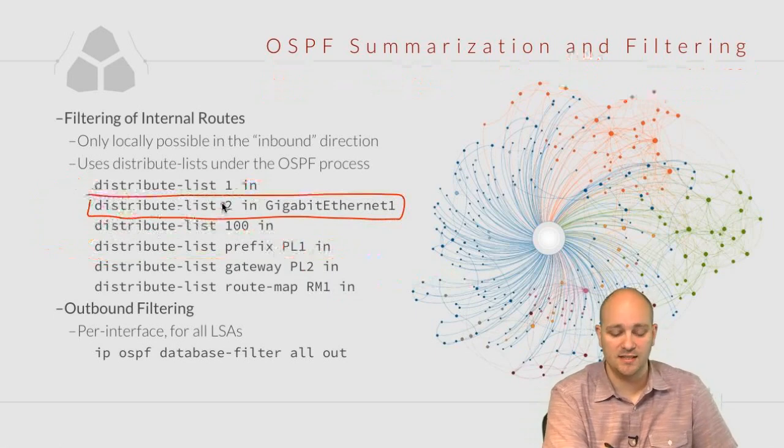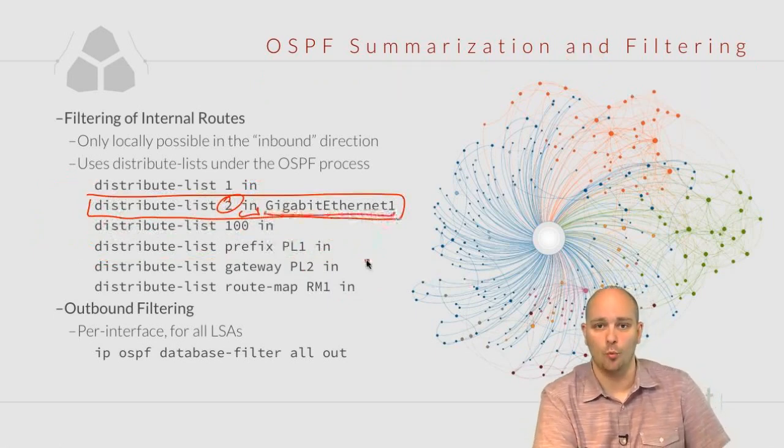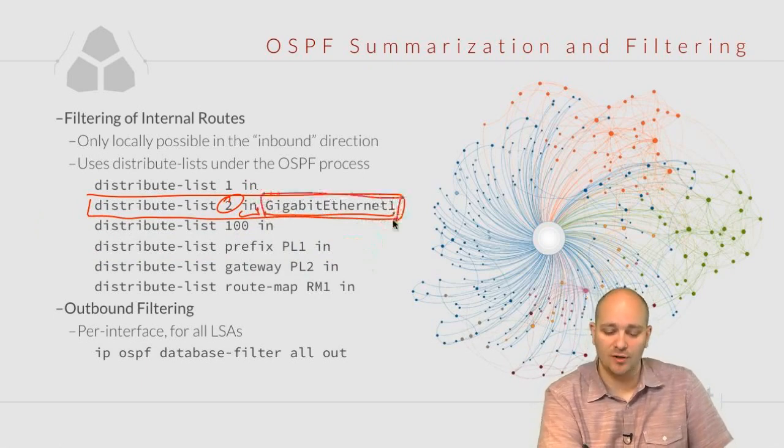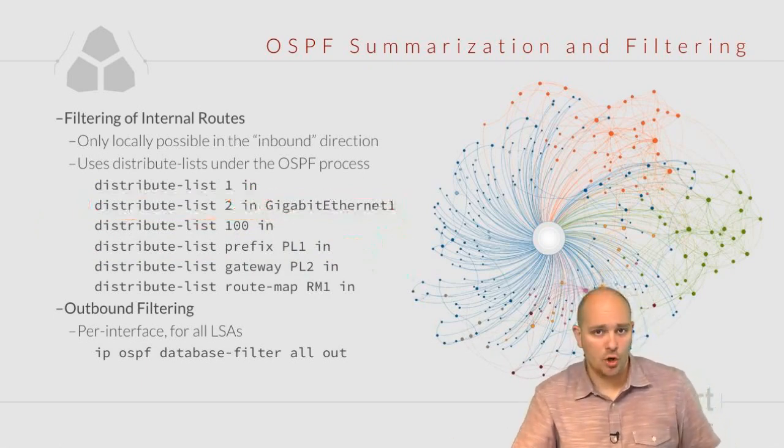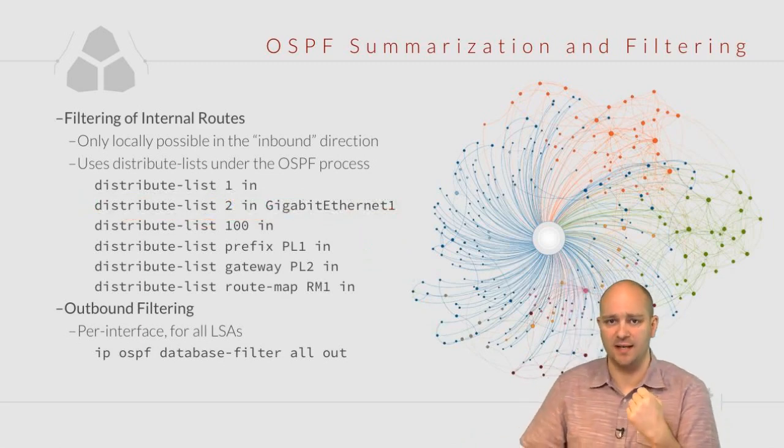Another example that we can use is this. It says distribute-list 2 in, in the inbound direction, GigabitEthernet 1. What this command is going to do, remember, is not filter any LSAs. So we are still going to be receiving LSAs.